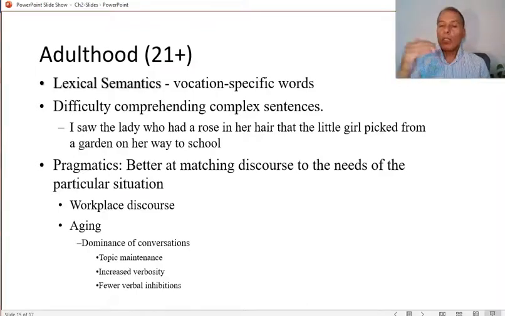So every stage of life has its own requirements and its own skills, but definitely by maybe age 70 or so, cognitive skills decrease, and as a result, the way that we use language effectively becomes influenced by that, because we use our cognitive skills in order to regulate how we use language.